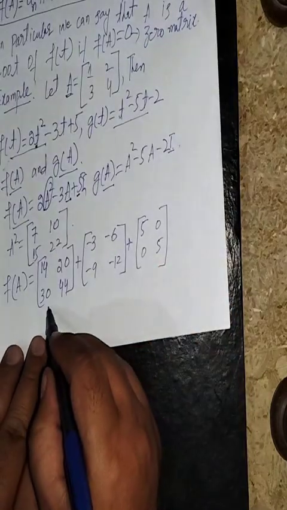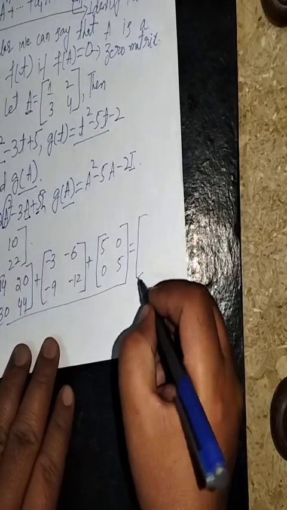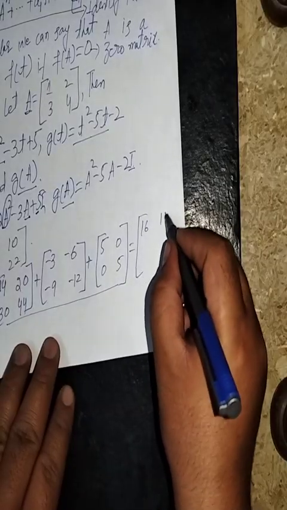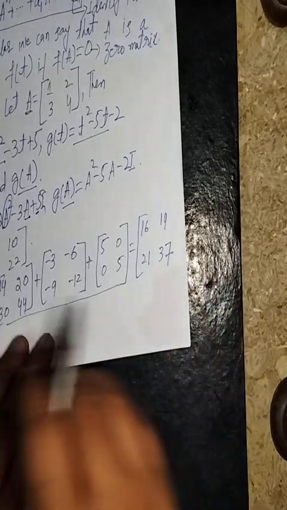You can add these three matrices, which will result in the matrix 16, 14, 21 and 37.